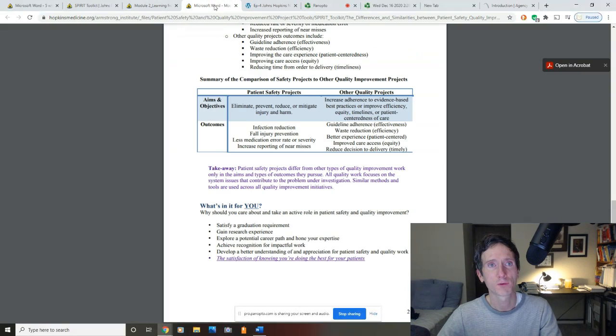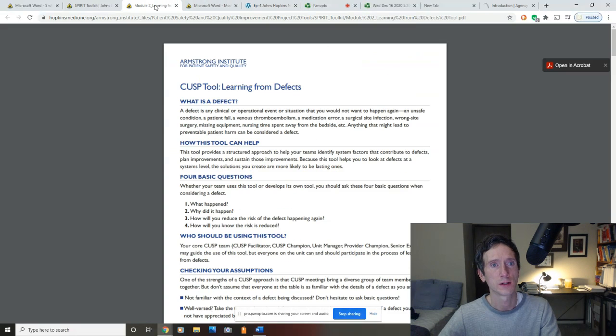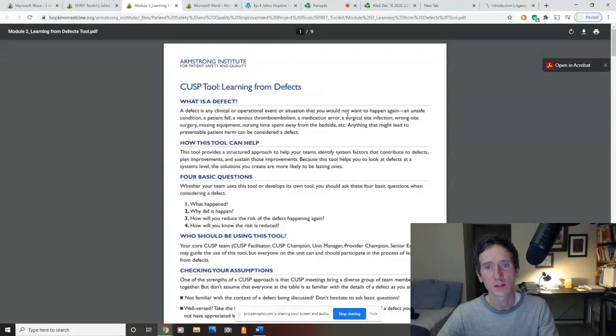So quickly, before I wrap up, I wanted to show you this CUSP tool area called Learning from Defects. It defines what a defect is. Of course, we know the typical offenders: surgical site infections, VTEs, missing equipment, but I really like this one: nurses spending time away from the bedside. So they define it essentially as anything that can lead to preventable harm.